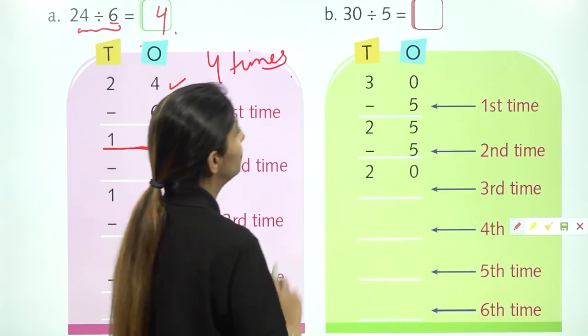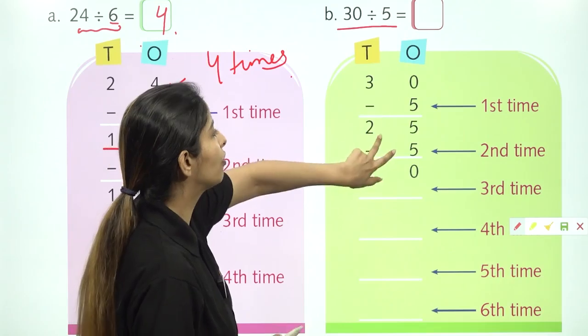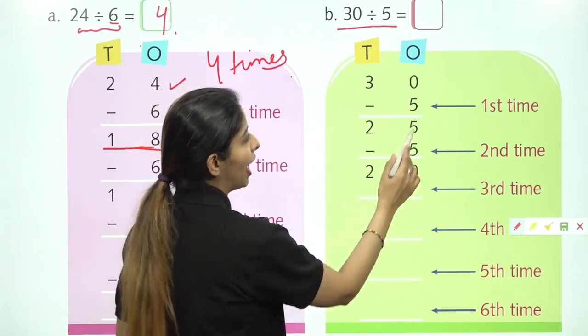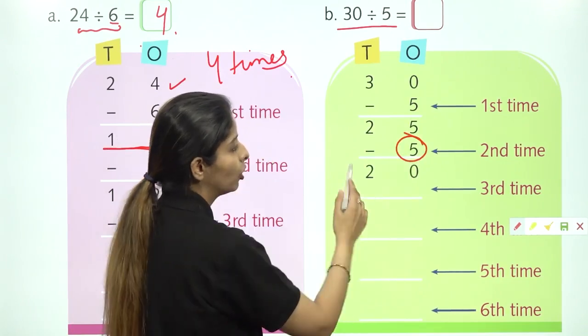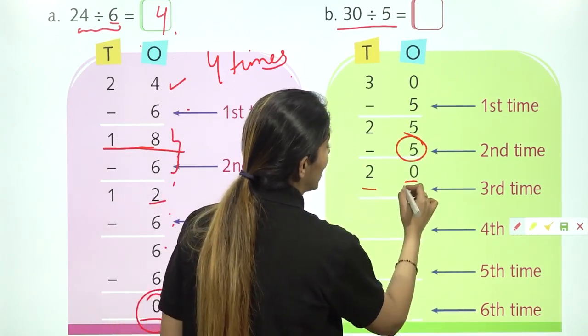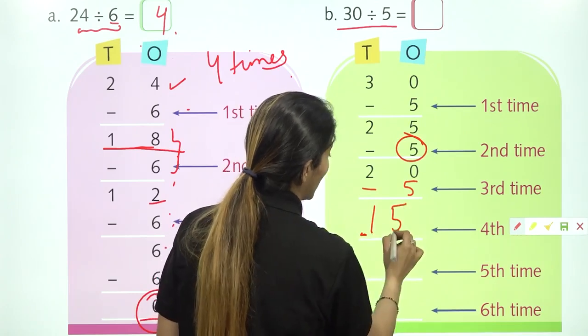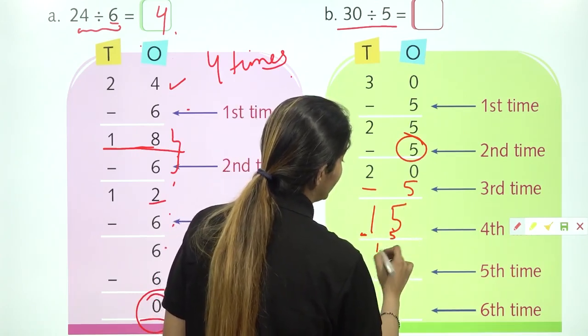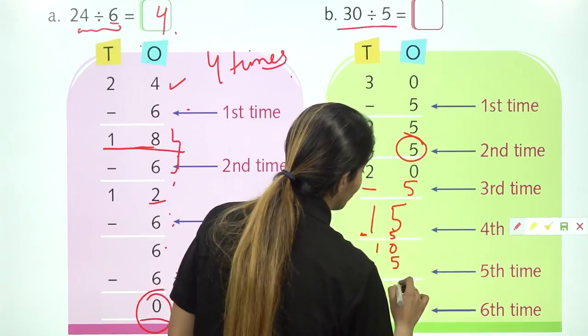Now here also, 30 divided by 5 means 30 minus 5, 25. 25 again we minus by 5, 20. Now again we minus 5, we get 15, right? 15 again we minus 5, we get 10. Again we minus 5, we get 5.